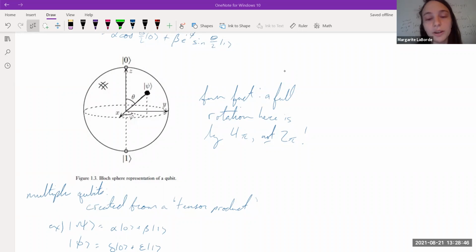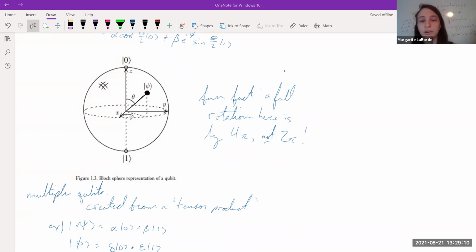Yeah, okay, so the reason you can get rid of the global phase is you can consider the global phase rotating your whole Bloch sphere, kind of. You can't differentiate between the sphere rotating all together versus your vector moving with respect to the axes.